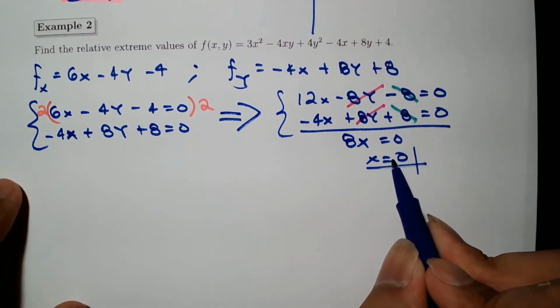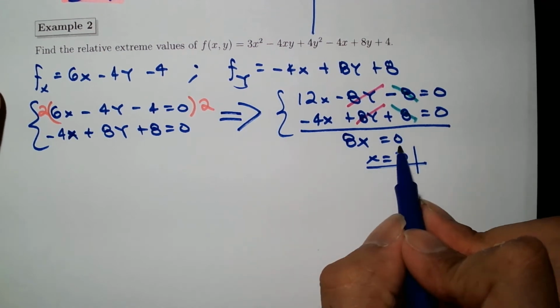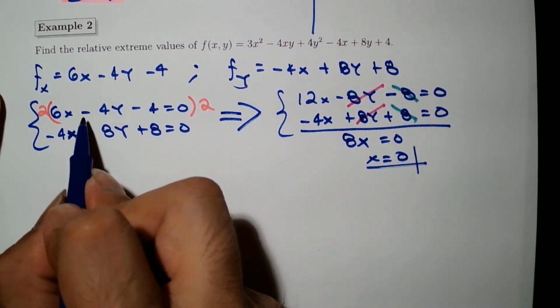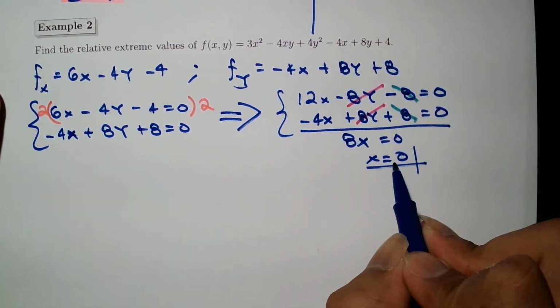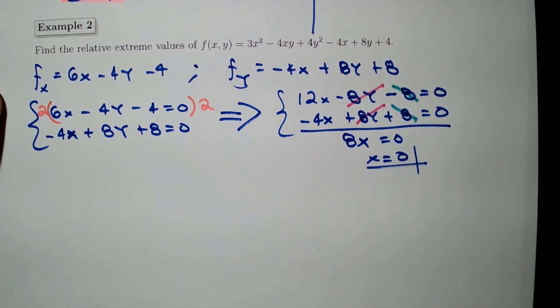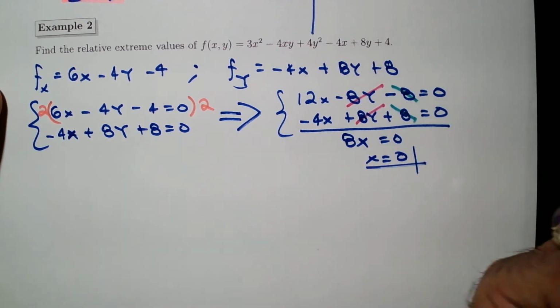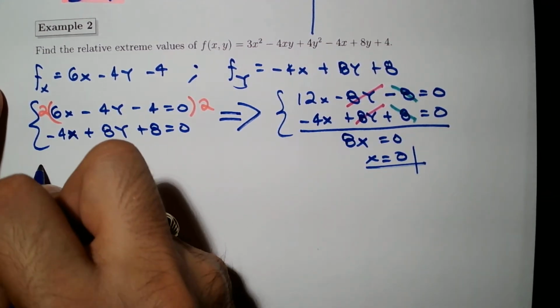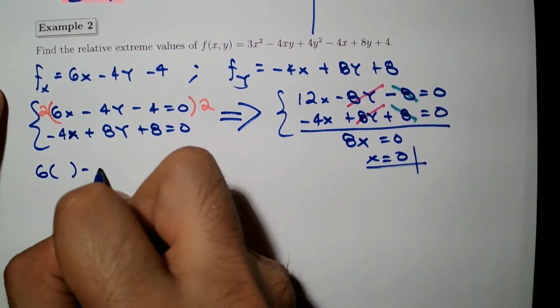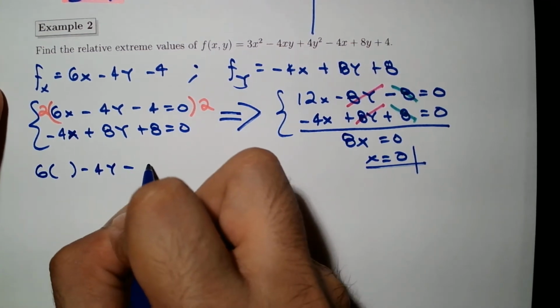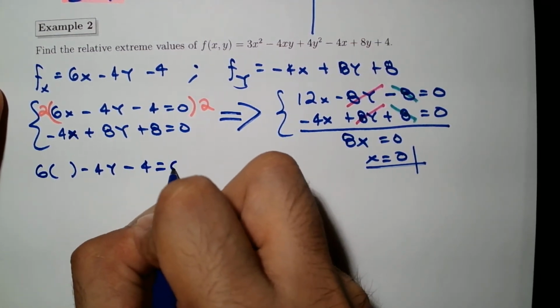Now we need to find the y-coordinate. From here we go to any of these two equations, plug in x equals 0 and solve for y. I'm going to use the first equation, just because, why not? So 6 times 0, minus 4y minus 4 equals 0.